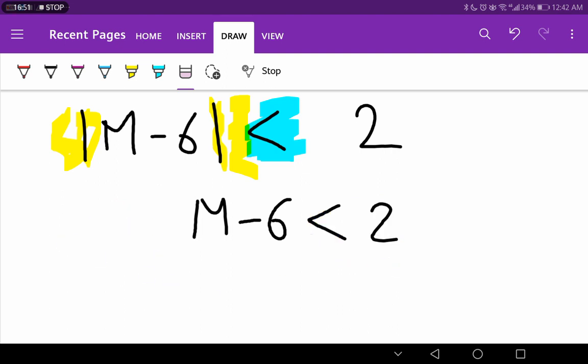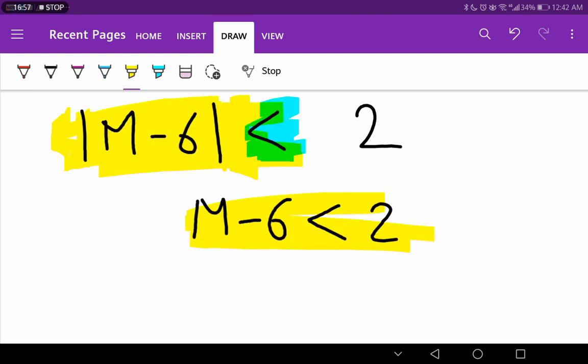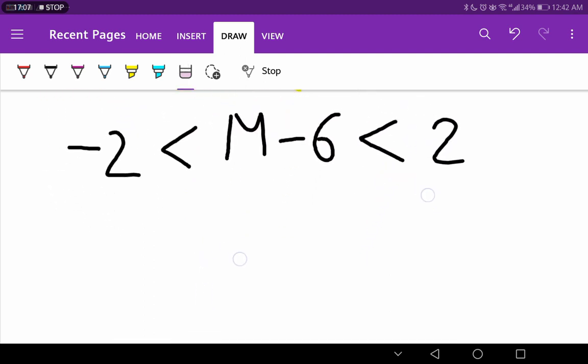You see, it is exactly like this one, but without bars, and then you copy the sign and you copy the negative of the number. Are you happy with this? Good. What next, teacher? You have to make the m alone. How?